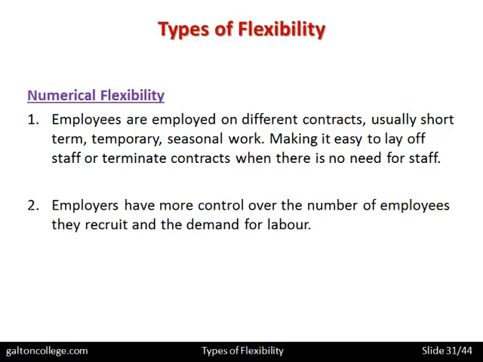Employers have more control over the number of employees they recruit and the demand for labour. So the employers are able to take on some staff, get the work done, review which members of staff are working well and have integrated well, and perhaps either retrain the ones who haven't or lay them off.